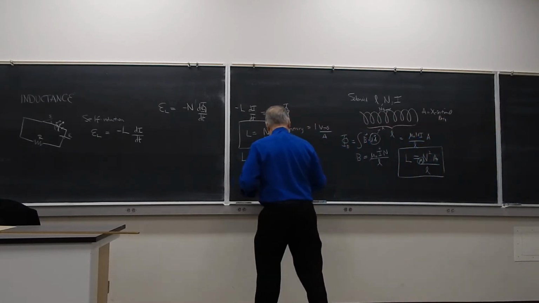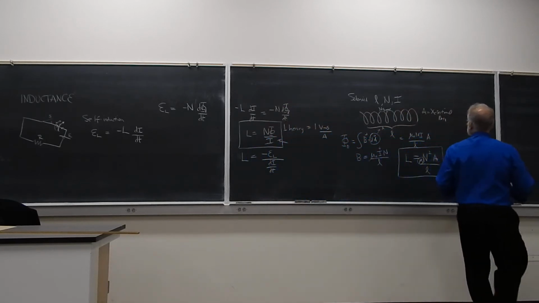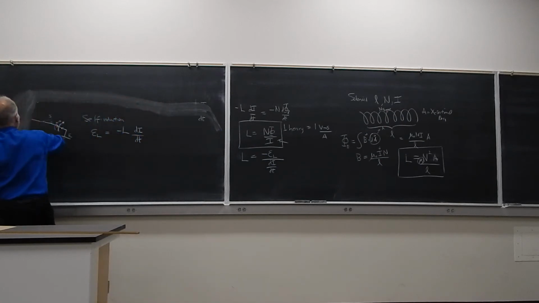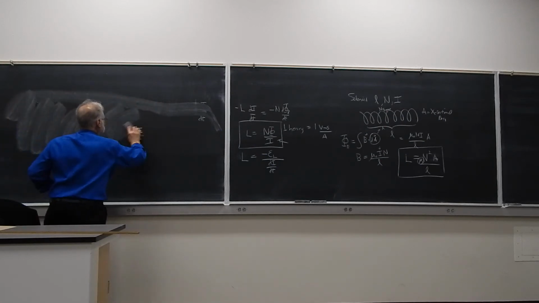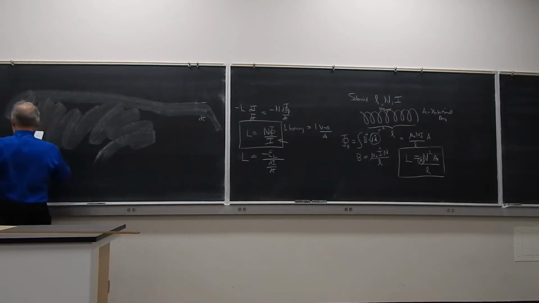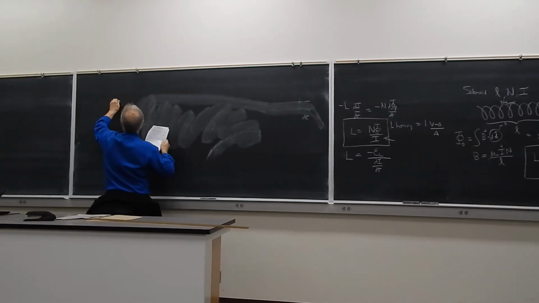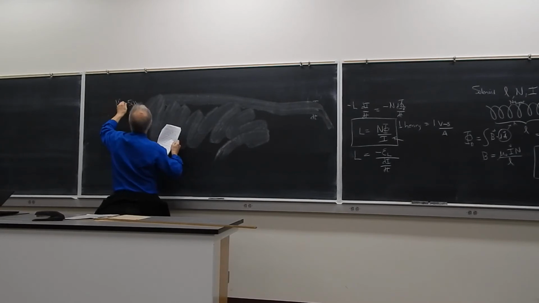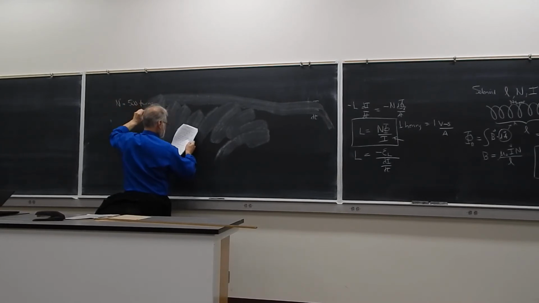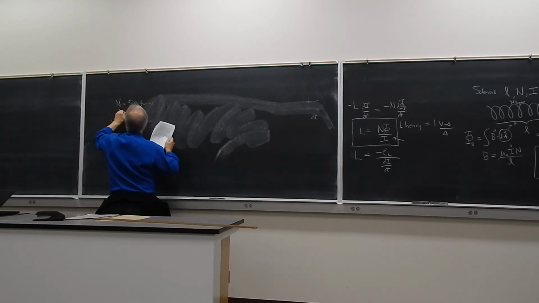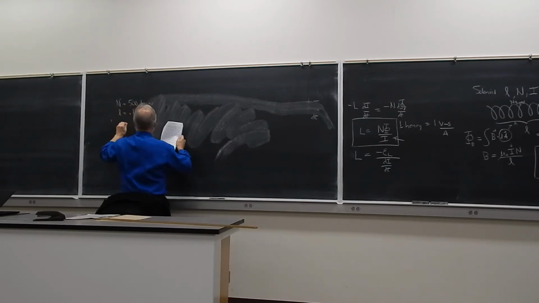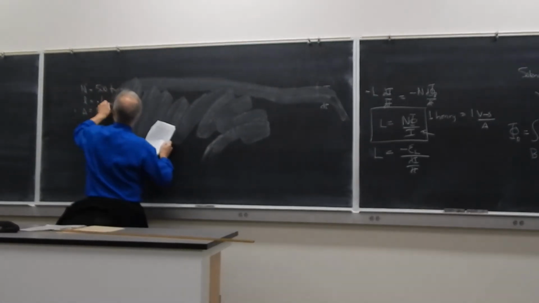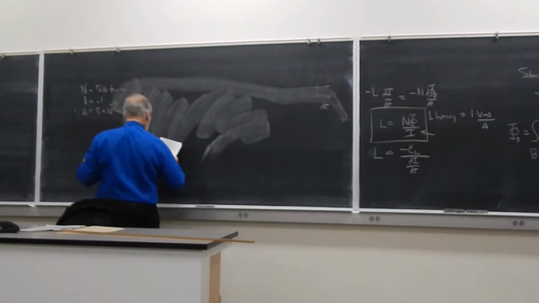Okay, we could do a very quick example of this. Suppose I have an inductor with 500 turns, a length of 1/10 of a meter and a cross-sectional area of 5 times 10 to the minus 4 square meters.